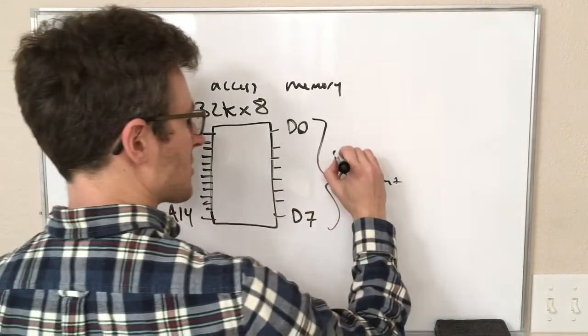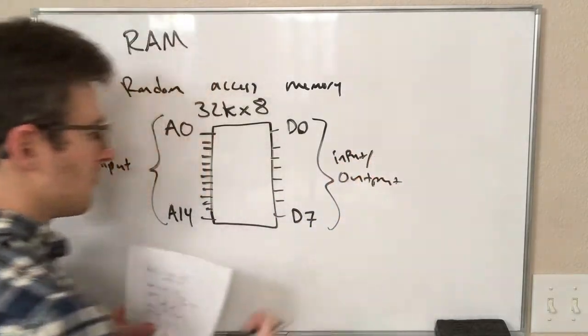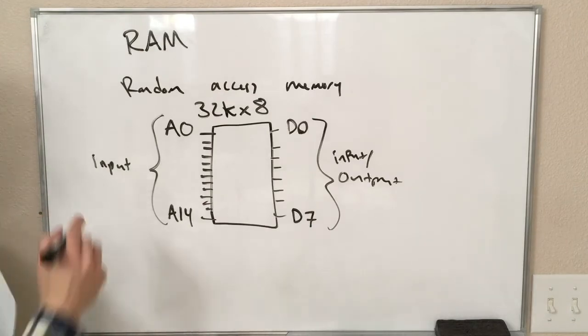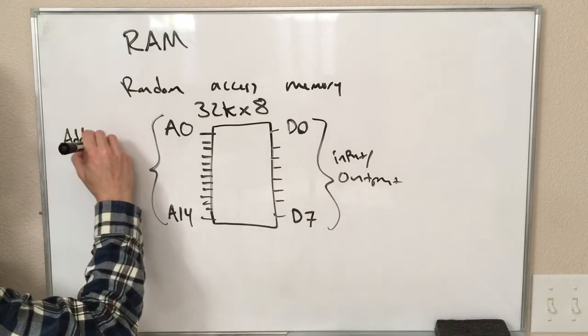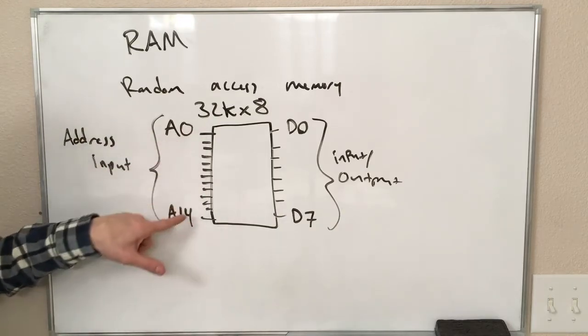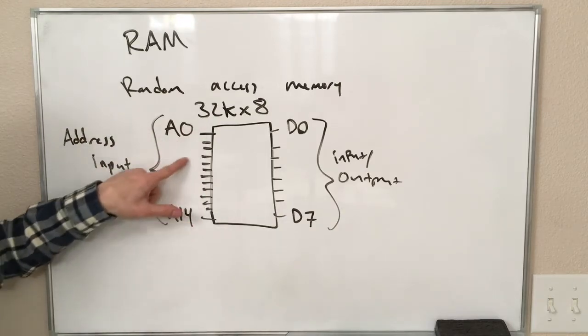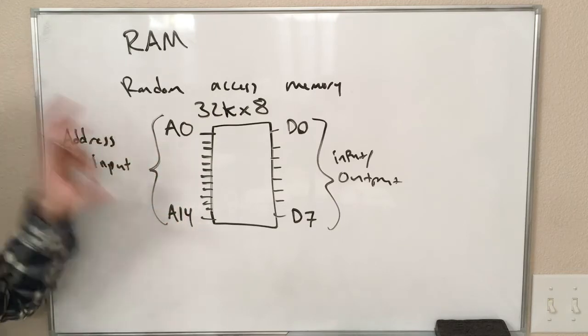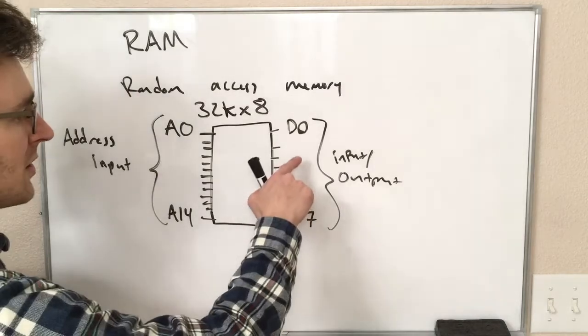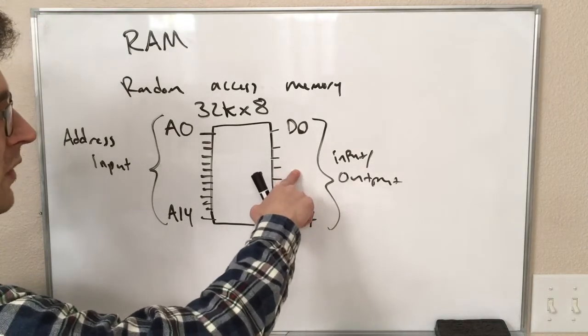I should say these D pins are actually inputs also. But anyway, these over here are the address. In other words, these are representing a binary number, and they are telling us what portion of the memory we are currently requesting access to. And these outputs are where the data actually appears.